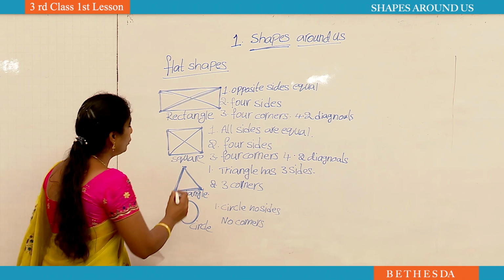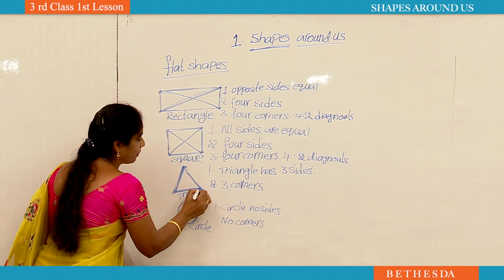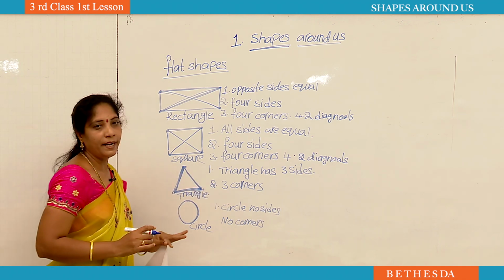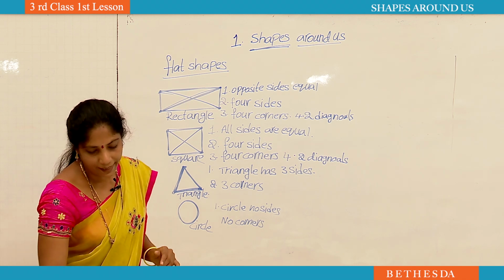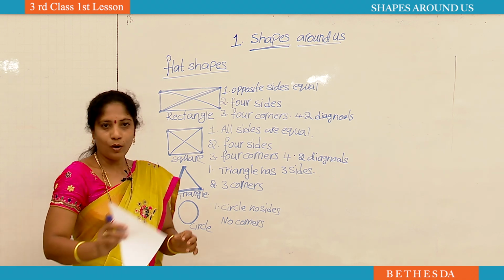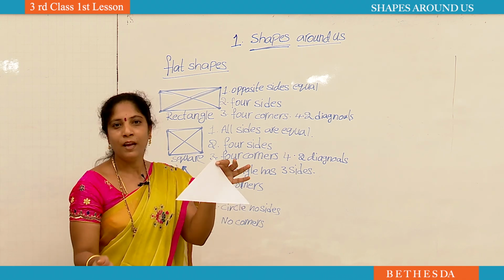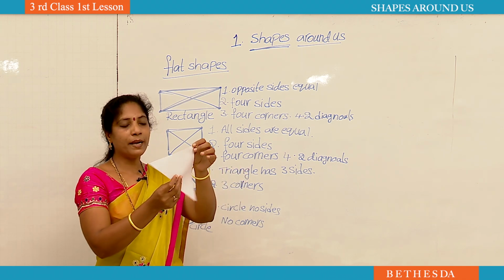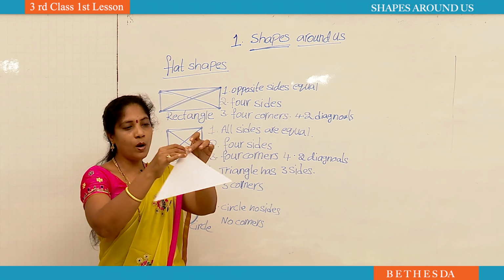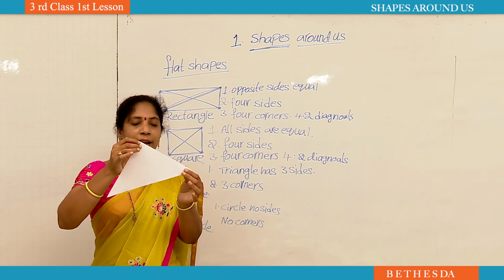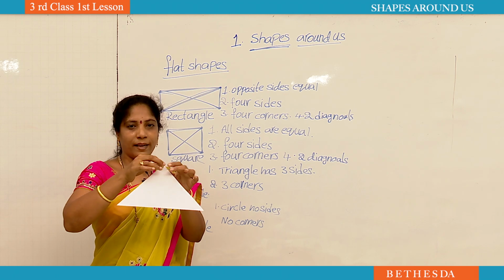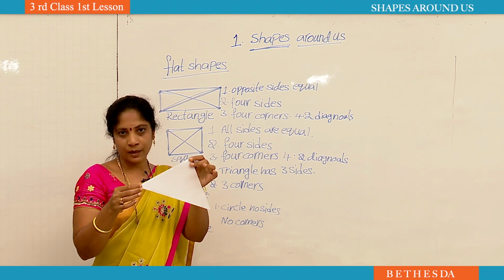Now all of you go to the triangle. Observe the triangle. Are there any opposite corners for a triangle? No. A triangle has no opposite corners. That's why you can say no opposite sides. Why? Because if you observe the triangle, all of them are adjacent corners only.